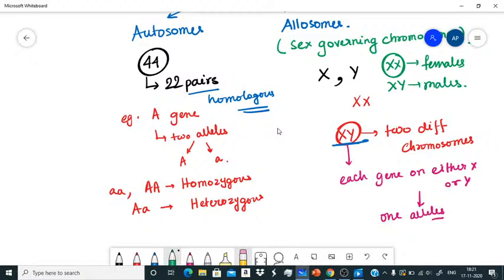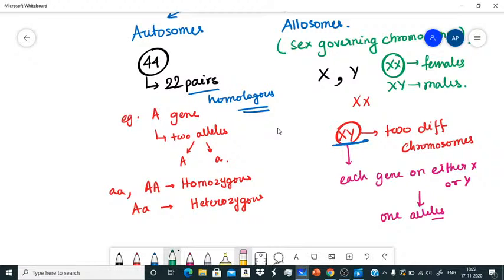Now, if we go down into grasshoppers or chickens, then you will see the things are different. The allosomes are different actually. Autosomes are more or less the same in all the animals, but the allosomes differ, right? Okay.